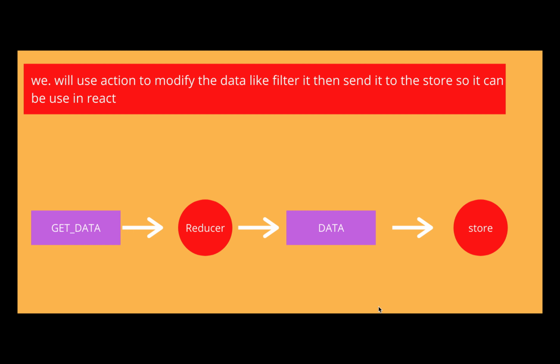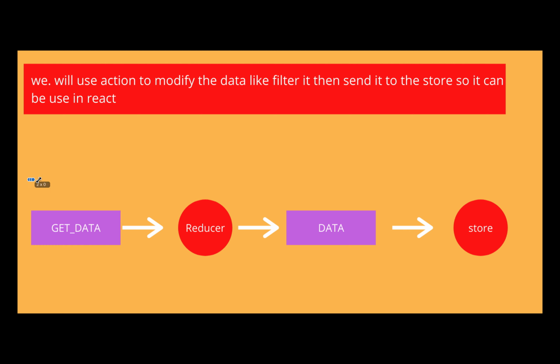If the action was filtering, then the reducer will filter that data. If the action was sorting, then the reducer will sort that data. At the end of the day, it's going to make all the necessary changes, then give us back the data. We can take that data and store it in our store.